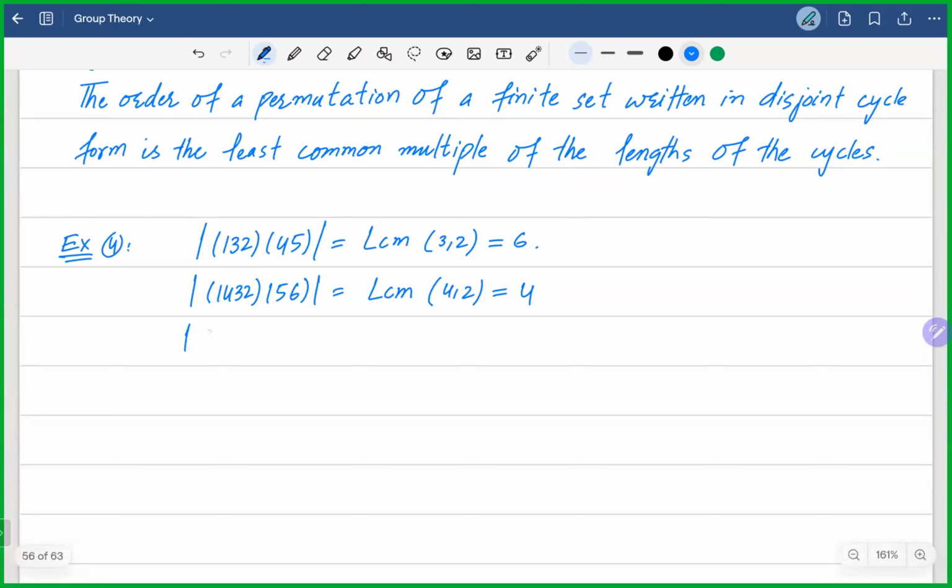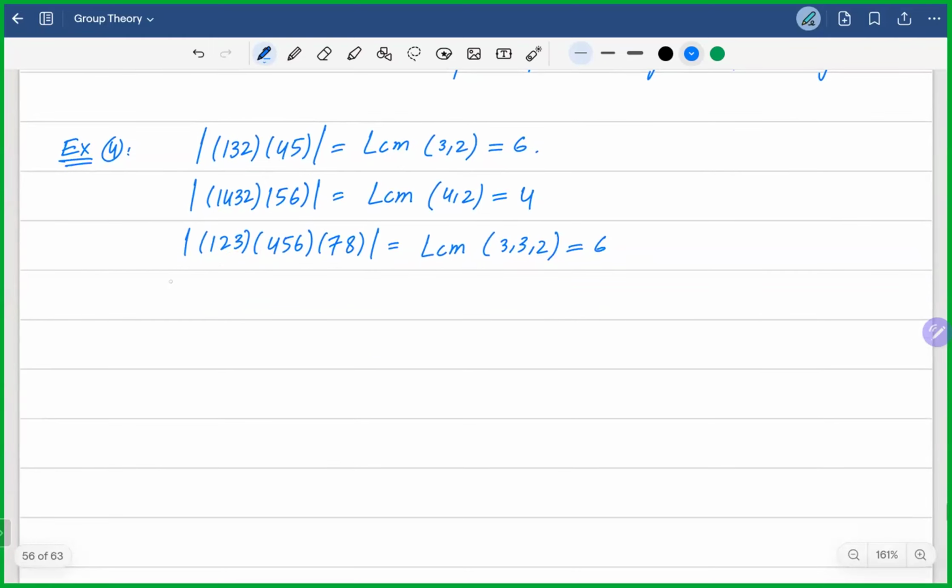Similarly, the order of the permutation (1 2 3)(4 5 6)(7 8) is the LCM of 3, 3, 2, which is 6. So this is how we can use this theorem.